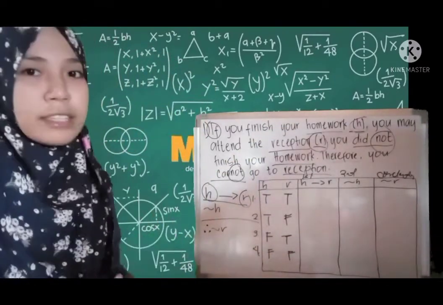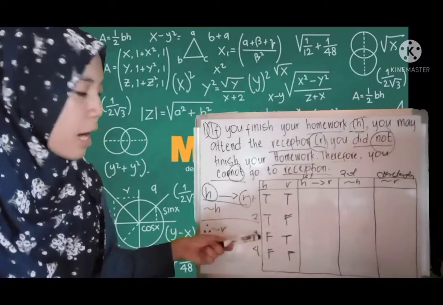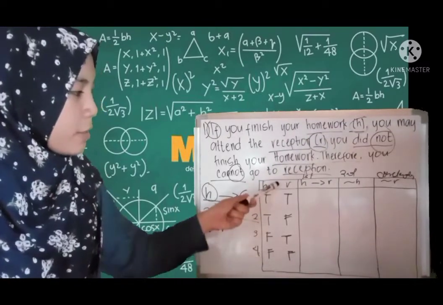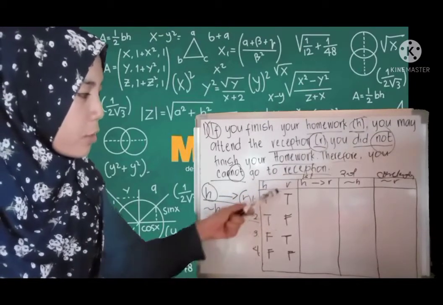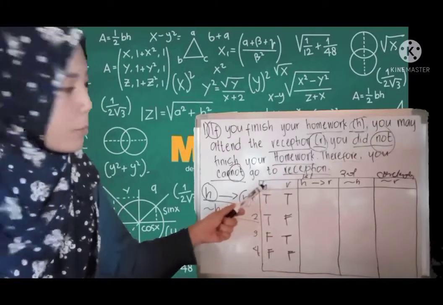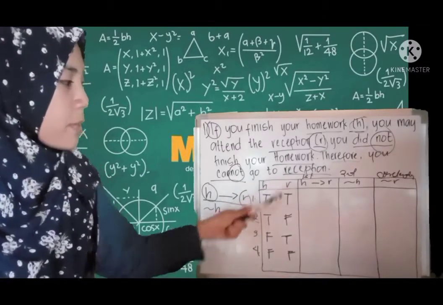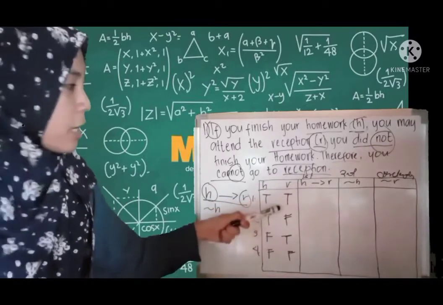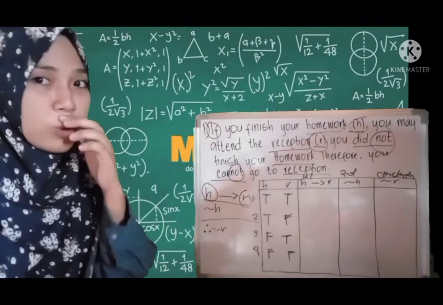Kapag 8 row naman ang gamitin natin is 4 na true, 4 na false. Then, dito, dalawang true, dalawang false. Kung may tatlong statement ang gagamitin natin, 1, 2, 3. Pag may ikatatlo dito sa gitna. Then, dito naman, alternate lang siya. True, false, true, false.